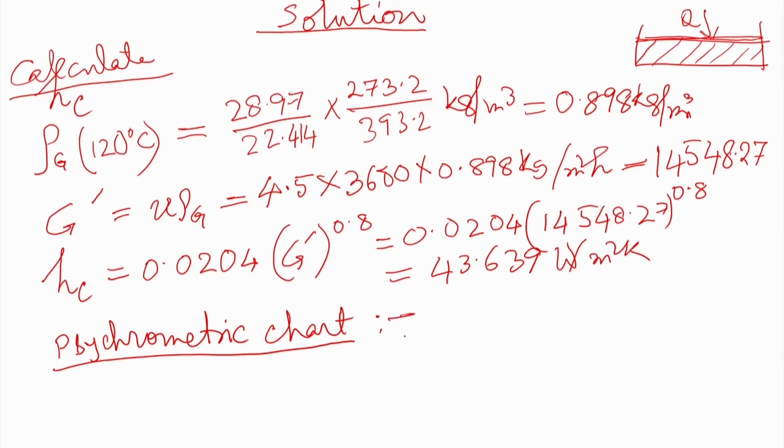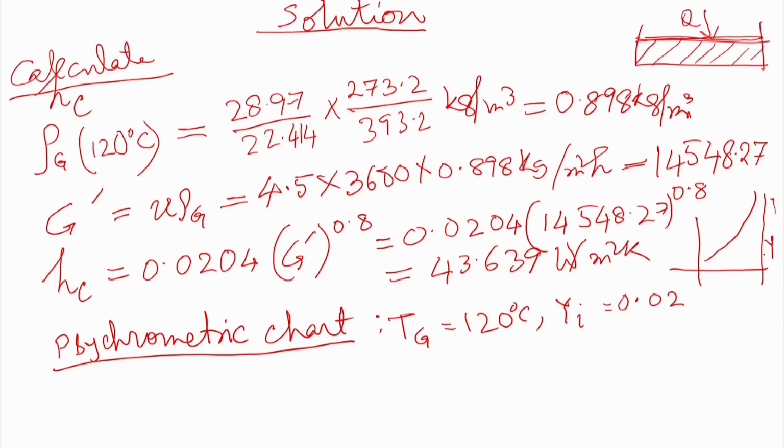Say Tg is equal to 120 degree Celsius and Yi is equal to 0.02. Suppose this is the 100% saturation line, and this is Y. For 0.02 and 120 degree Celsius, we move along the adiabatic saturation line until we reach the 100% saturation line.